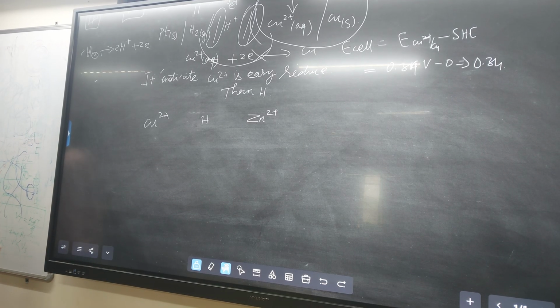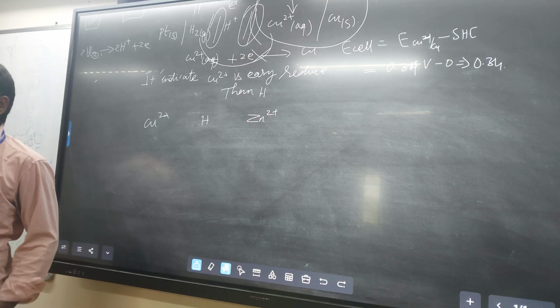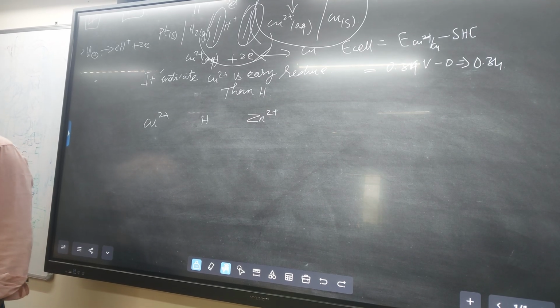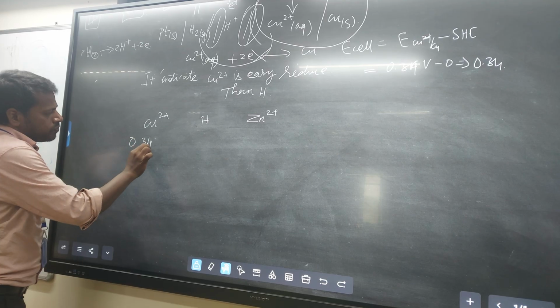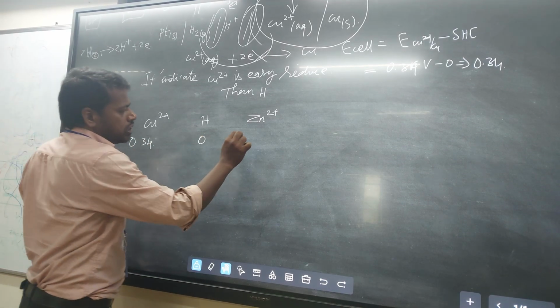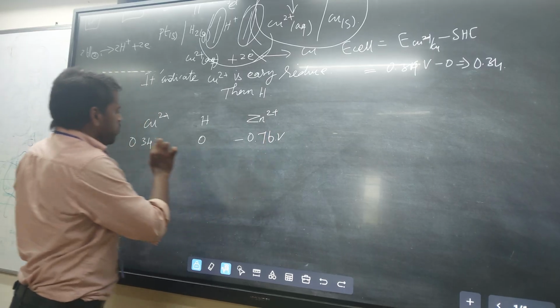Cu2 plus to Cu. What is the reduction potential value of Cu? 0.34 volt. This one 0. This one minus 0.76 volt. Okay.